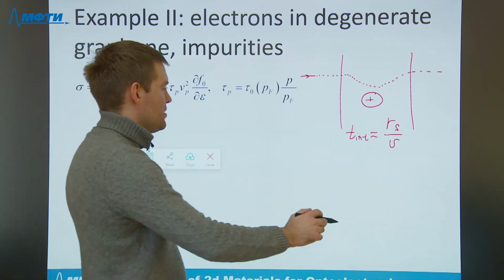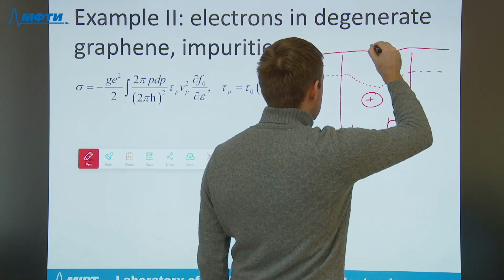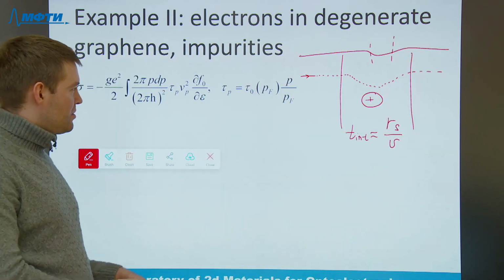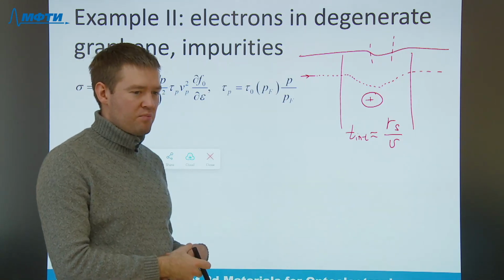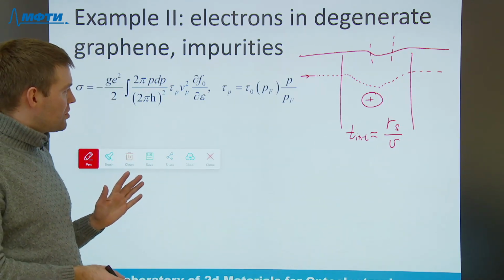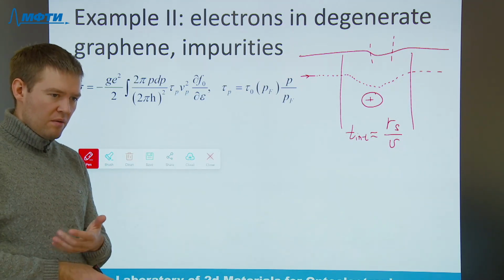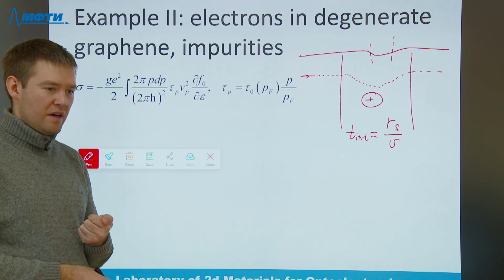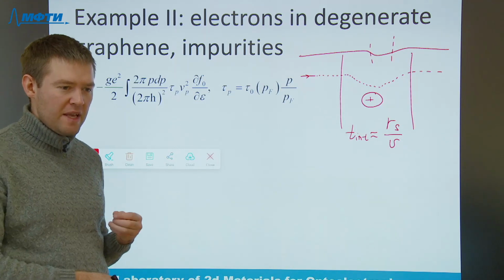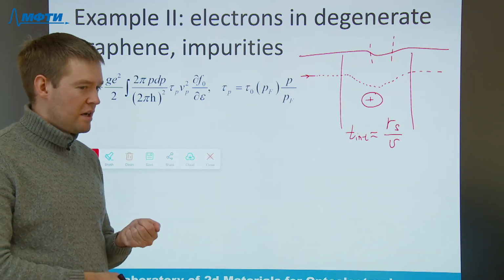When the velocity is high, the interaction time is small, and the scattering becomes less probable. So the momentum relaxation time is longer when the particles are fast. Long momentum relaxation time means that the scattering is unlikely. Scattering is hardly probable.